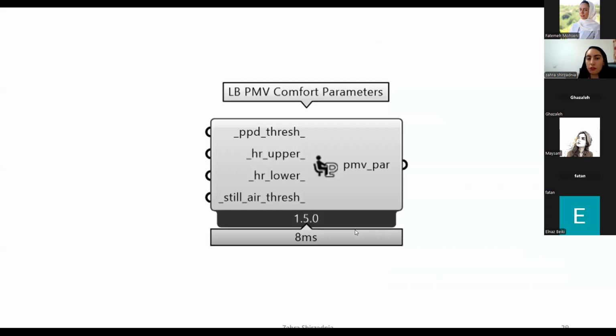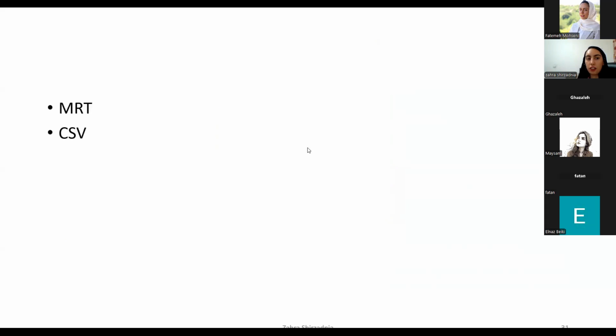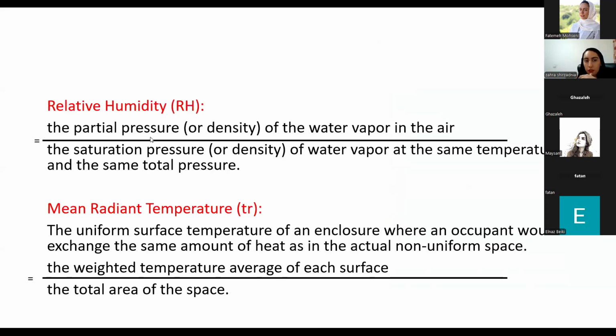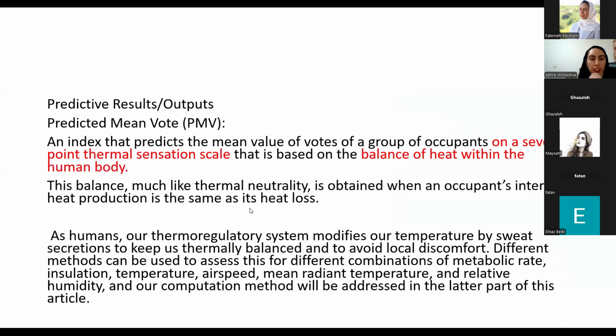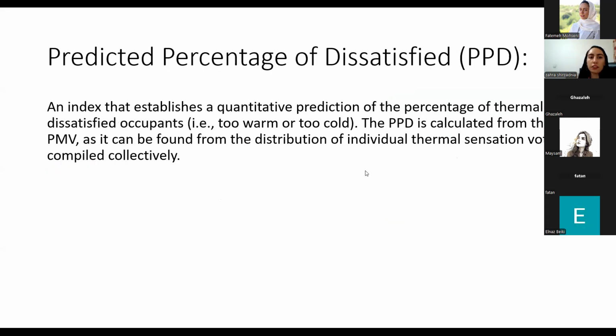But I have written it in this slide for you. Relative humidity, I told you about it, but I want to show you the formula. And mean radiant temperature also, and predicted mean vote. I told you about this, but I have written it here. And about the predicted percentage of dissatisfaction, I described it for you.